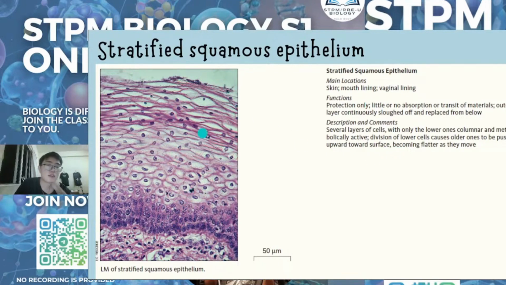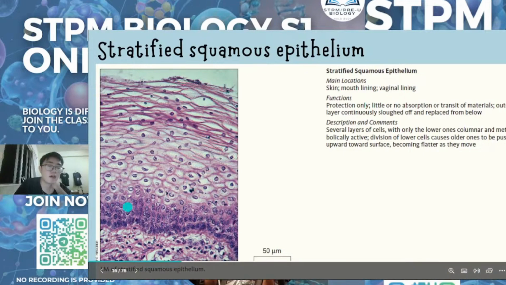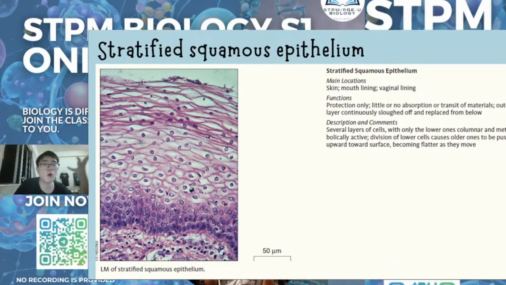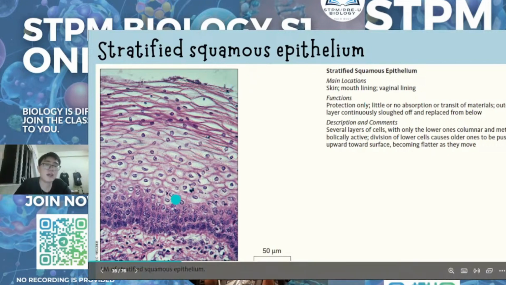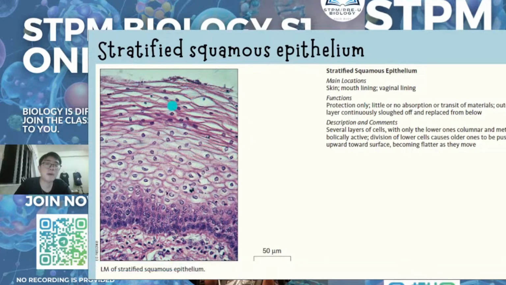The cells at the bottom undergo cell division and produce more squamous cells, which push toward the surface. So normally the upper ones are old cells and become flatter.